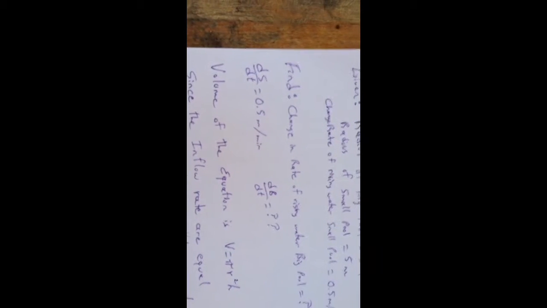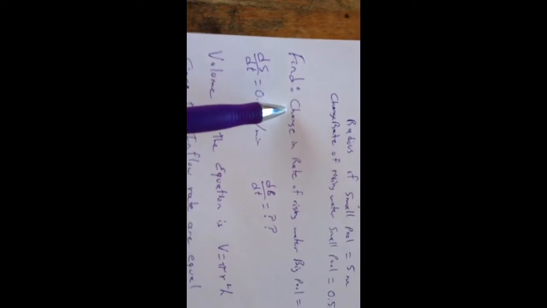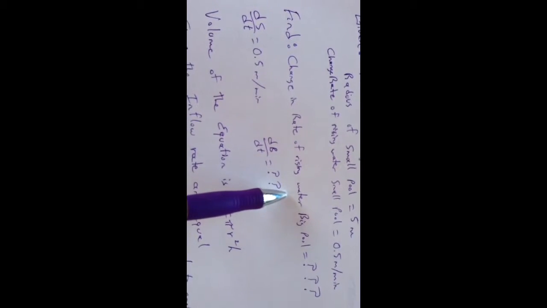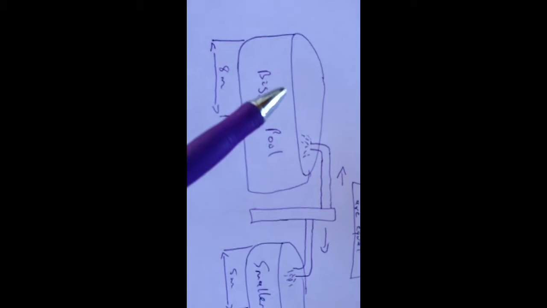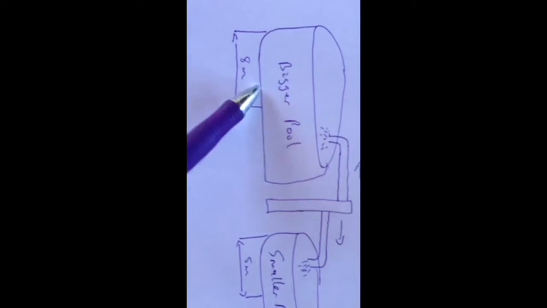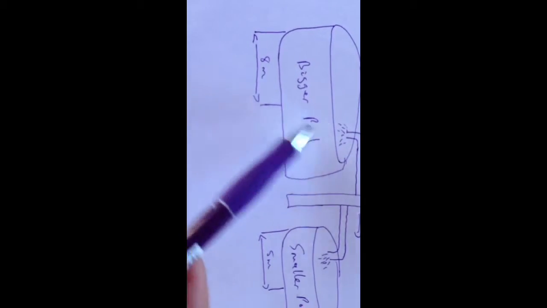What we need to find is the change in rate of the rising water of the big pool. So this is what we're gonna try to find. We're trying to find how fast the water level is rising in the big pool.